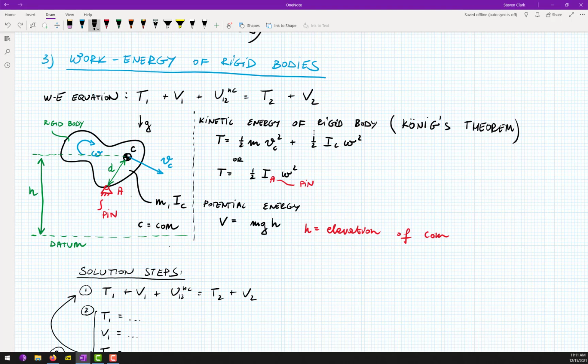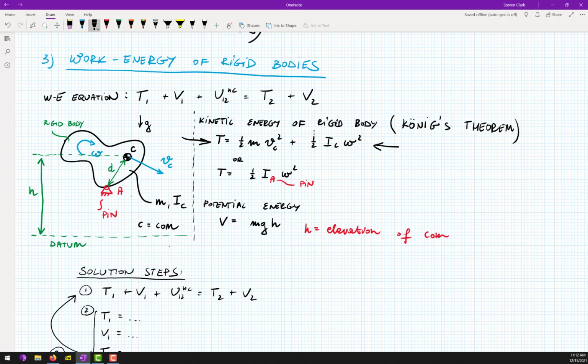You can go for this expression, but before we talk about that expression, I think we should first have a look at that drawing, right? So in this drawing, we just have a rigid body. We know its mass and moment of inertia about center of mass. Plus, we know velocity of center of mass and omega of that body, right? So if we know all of that, then we are able to write down this equation, yes?